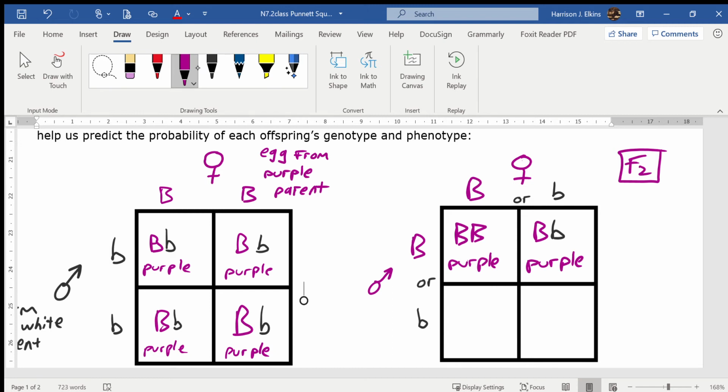Okay, now I'm going to take this capital letter and cross these, so maybe the sperm from the purple flower gives the lowercase allele, and then the female egg gives the purple one. Guess what? It's still going to be purple. But now, wait a minute. What if this one flower gives the little b allele and this one flower gives the little b allele to its offspring?